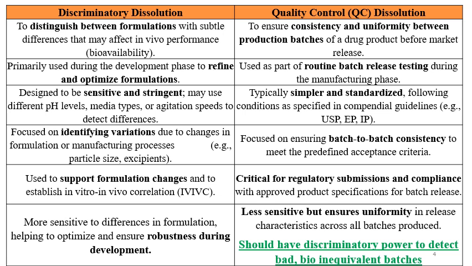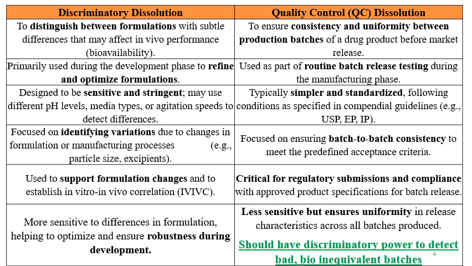So for QC testing, the specifications are required to be approved, and QC testing is to match or meet the acceptance criteria for batch release into the market. Discriminatory dissolution is more sensitive to differences in formulation, helping to optimize and ensure robustness during development. While QC testing is somewhat less sensitive but ensures uniformity in release characteristics across all batches produced.